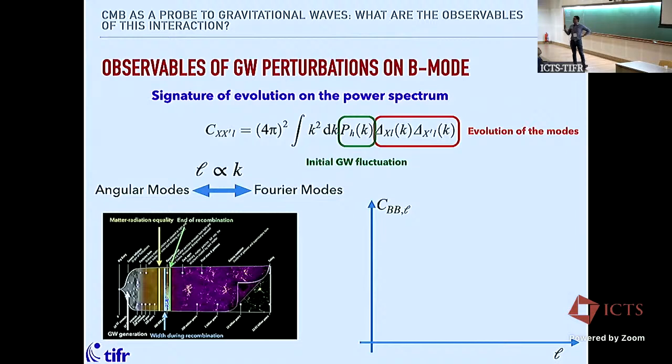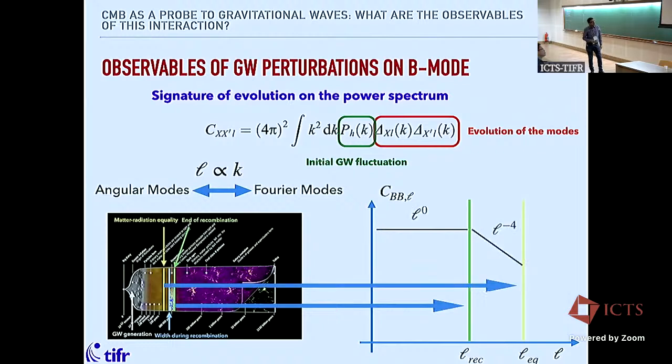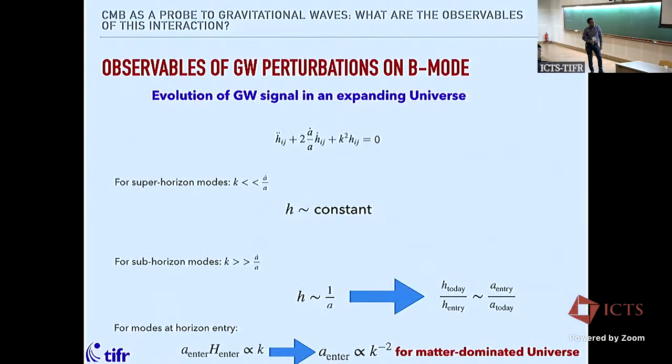So, a couple of interesting imprints. Any Fourier modes which have not entered up to the surface of last scattering appear like a constant. That's what I told you. So it should appear like a constant. Any mode which has entered in the matter-dominated universe, meaning after this yellow line, you can see here, this goes as 1 over k squared. k and l are related.